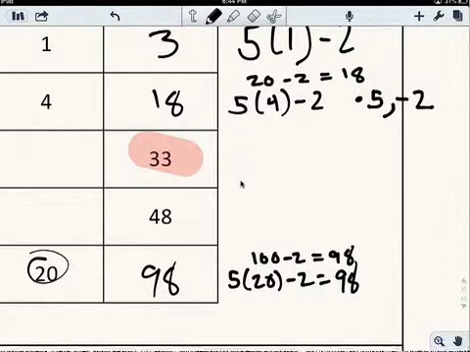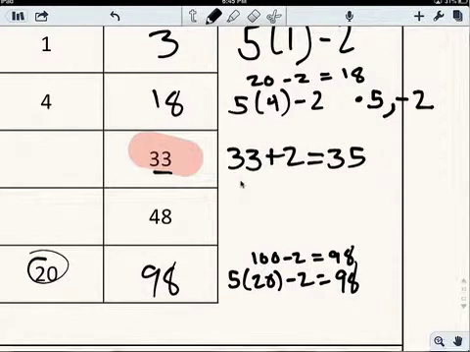One thing you could do is, since we want to work backwards, we know that at the starting point, you started with a number, times 5, and subtracted 2, and then you ended up with negative 33. So we have to do the opposite. I'm going to do 33 plus 2 is 35, because adding 2 is the opposite of subtracting 2. And then I'm going to take 35 and divide by 5, because that's the opposite of times 5, and I get 7.